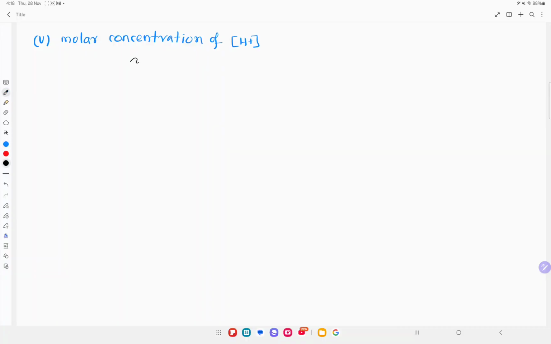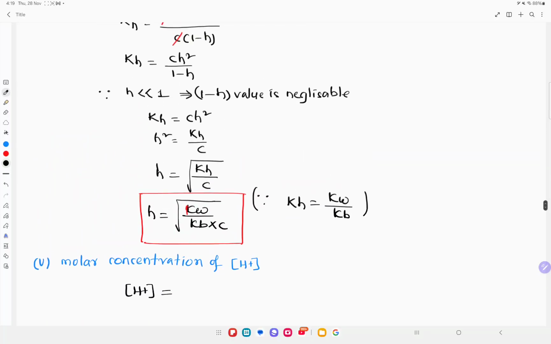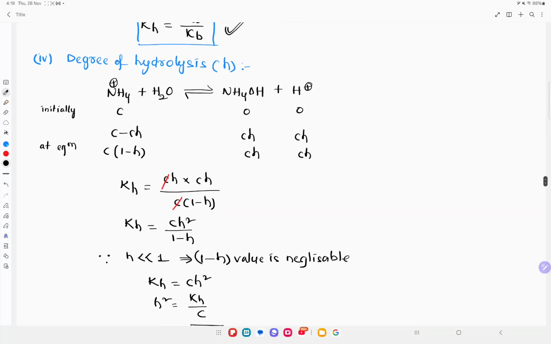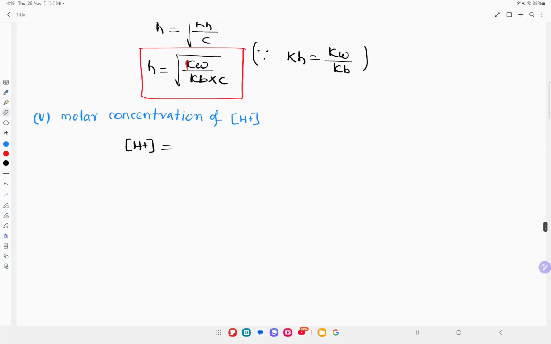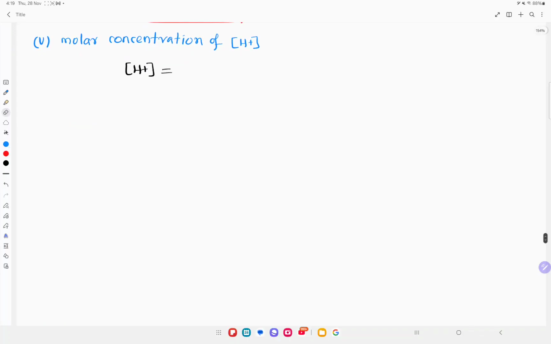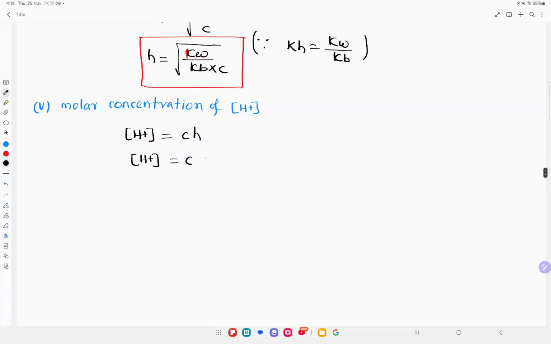For cationic hydrolysis, the molar concentration of H plus is equal to CH. So molar concentration of H plus is equal to C into H, and H is our formula, root KW by KB into C.